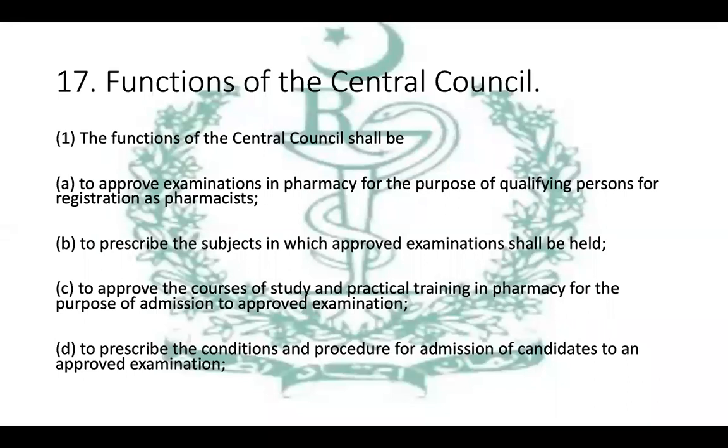So this forensic subject is added by the Pharmacy Council of Pakistan. 17(1)(a) approves the examination, and 17(1)(b) is to prescribe the subjects in which the approved examination shall be held. Whatever that syllabus is, it has to be prescribed by the Pharmacy Council of Pakistan.